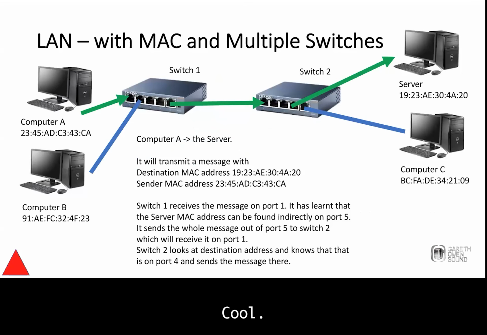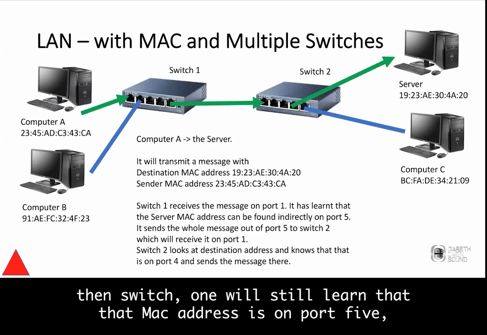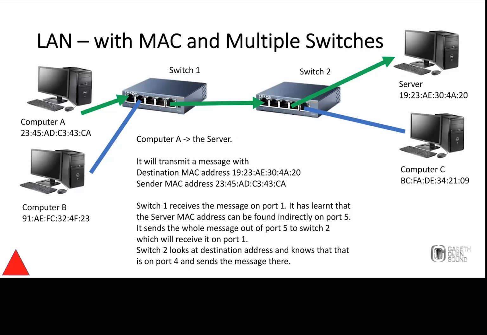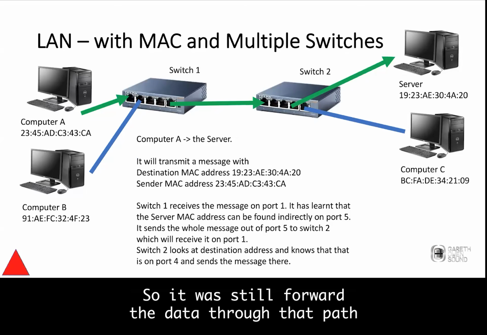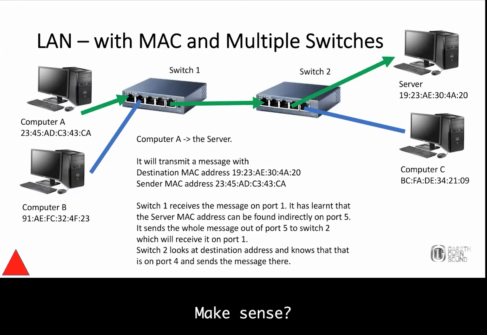Cool. Now, if we have two switches in between, then switch 1 will still learn that that MAC address is on port 5, and it doesn't really care that it has another switch in between. So it will still forward the data through that path, and only out of the particular ports it needs to get there. Make sense?